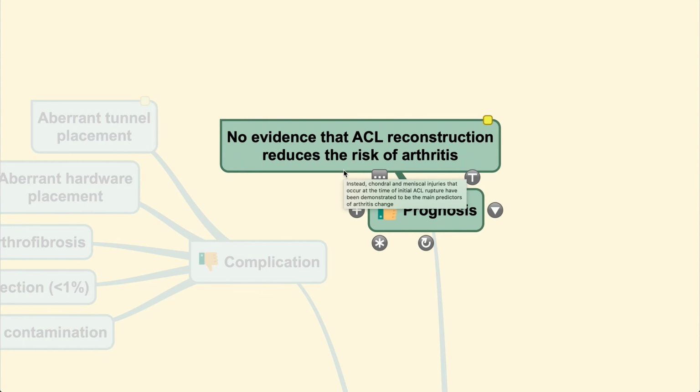But you need to know, instead, that the chondral and meniscal injuries that occur at the time of the initial ACL rupture have been demonstrated to be the main predictors of arthritic change. So you need to know that during the ACL injury, other structures may be involved, and the involvement of these other structures has been a predictor of arthritic change.